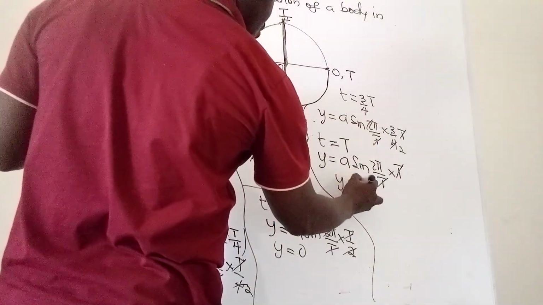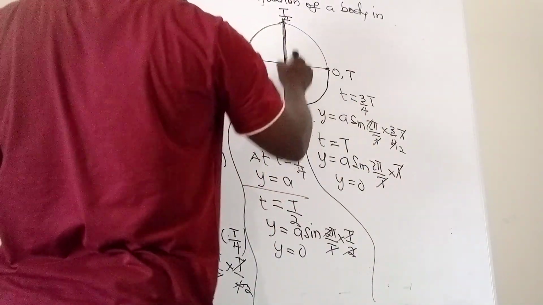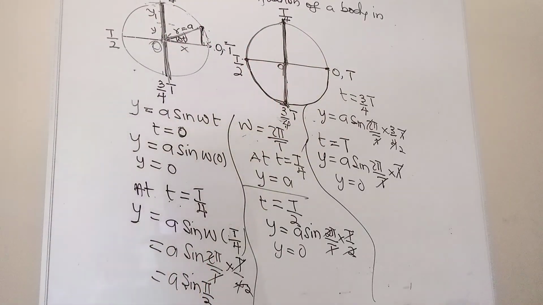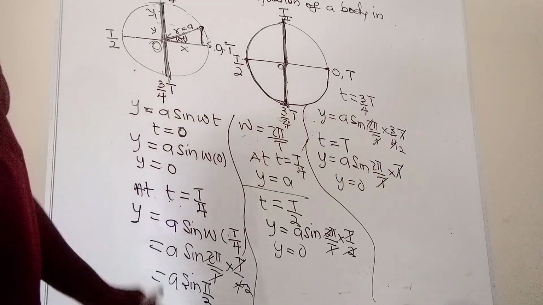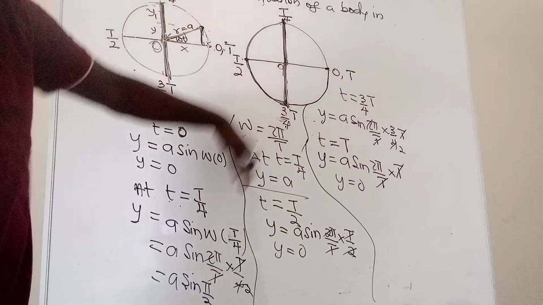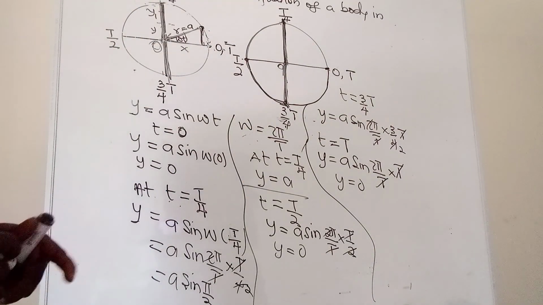So y is equal to 0. So when the particle gets here, the displacement along the y-axis is 0. So beautiful. Is that okay? So we can use the mathematical equation to determine the displacement of the particle at any time of its motion.